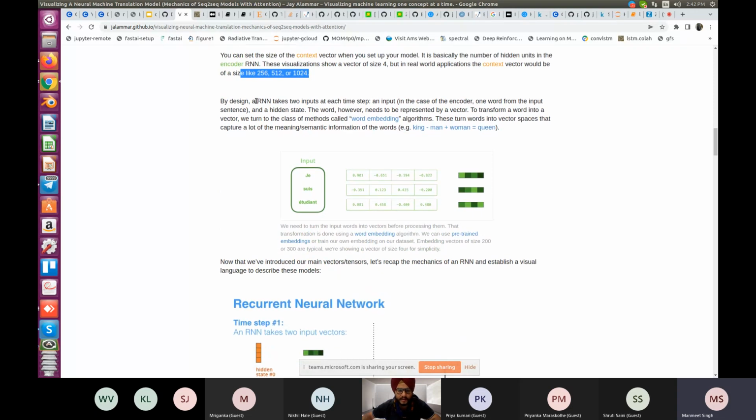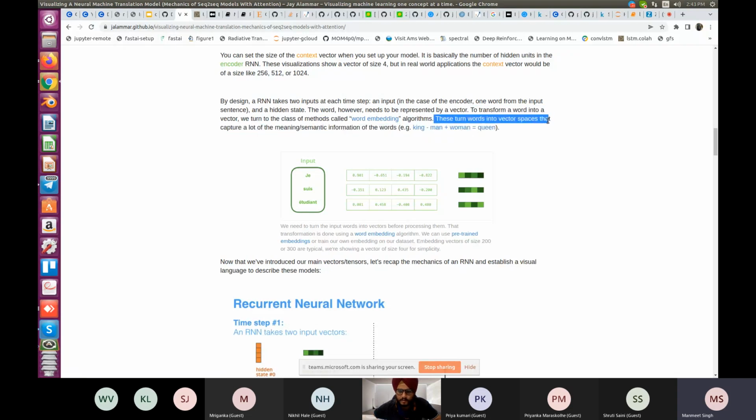Now, by design, an RNN takes two inputs at each time step: the input and a hidden state. The word, however, needs to be represented by a vector. So to transform a word into a vector, we turn to the class of methods called word embedding. We have already seen what word embeddings are.